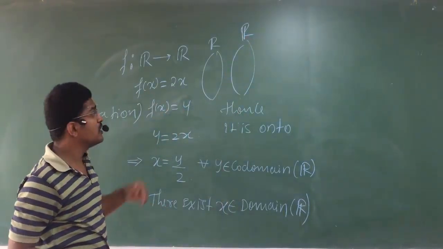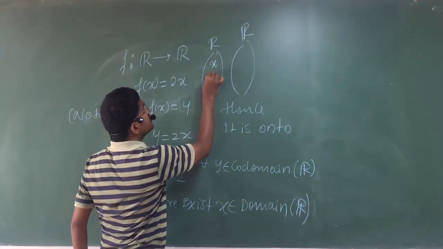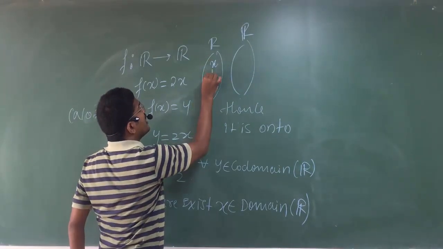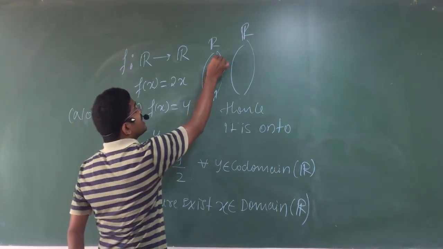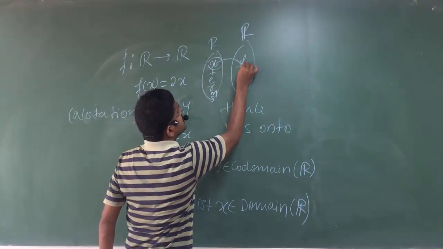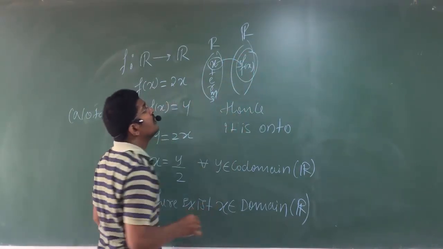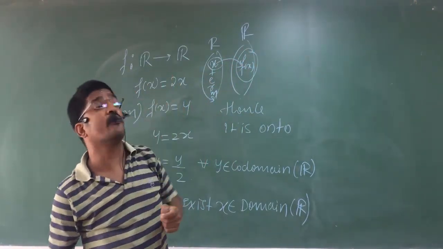Are you getting my point? Domain R, codomain R. Here x terms will be present. This x will give you f of x in the codomain. That means f of x is present in the codomain.